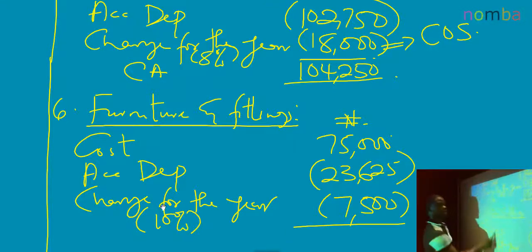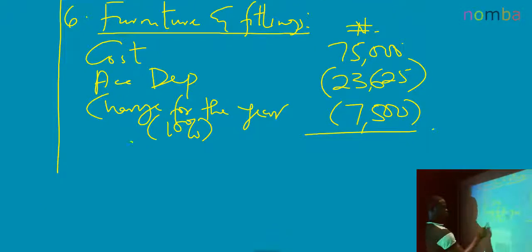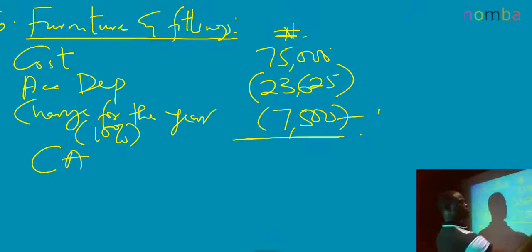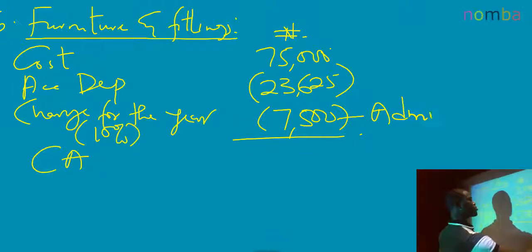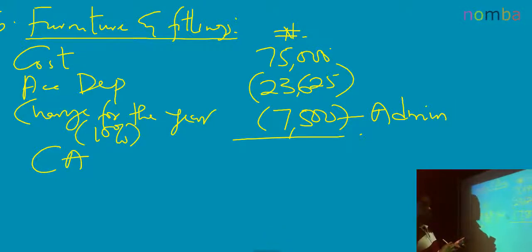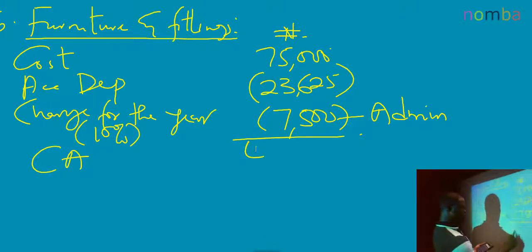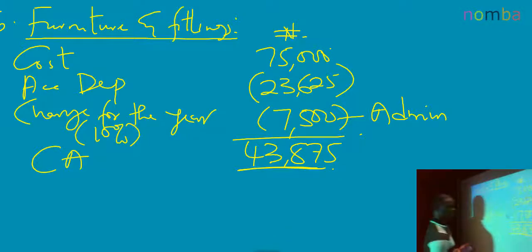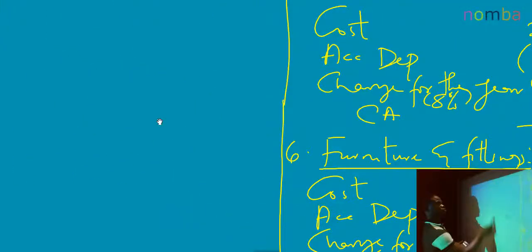Then the carrying amount. Remember that this should be charged to admin. Okay. So we have 75,000 minus 23,625, right? Minus 7,500. That gives me 43,875. Okay, that's the carrying amount.